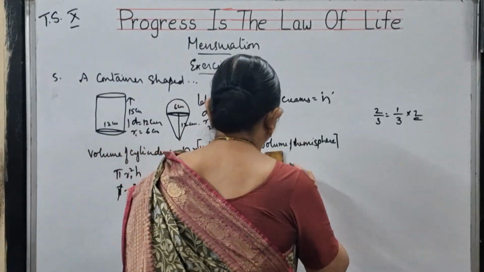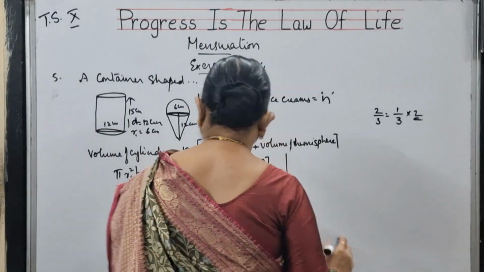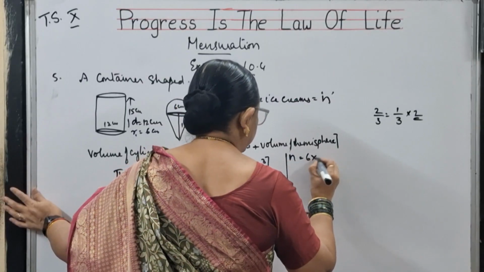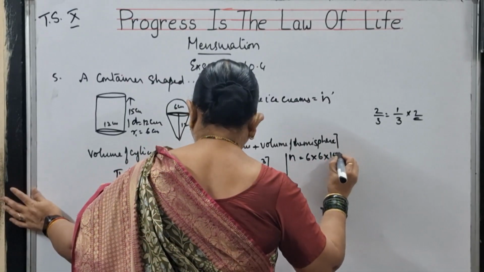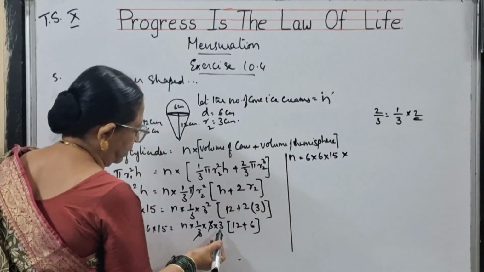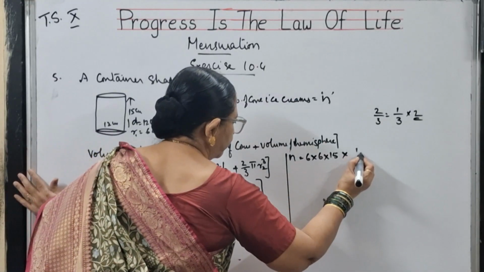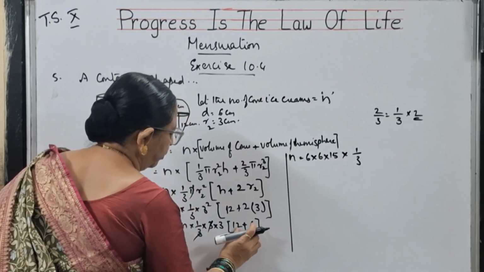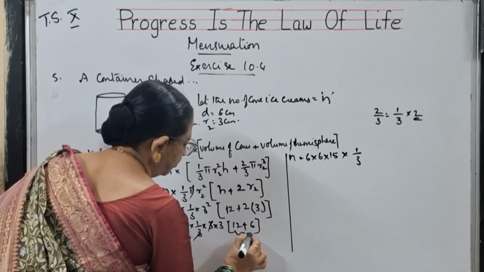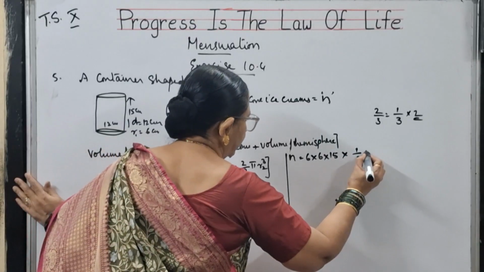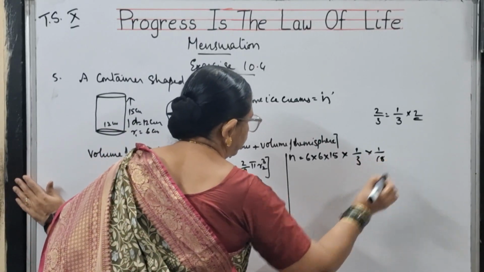Let me take n as the subject. n is equal to 6 into 6 into 15 into, 3 when it goes to the other side, 1 by 3. Here 12 plus 6, how much am I getting? 18. 12 plus 6 is 18, which becomes 1 by 18.